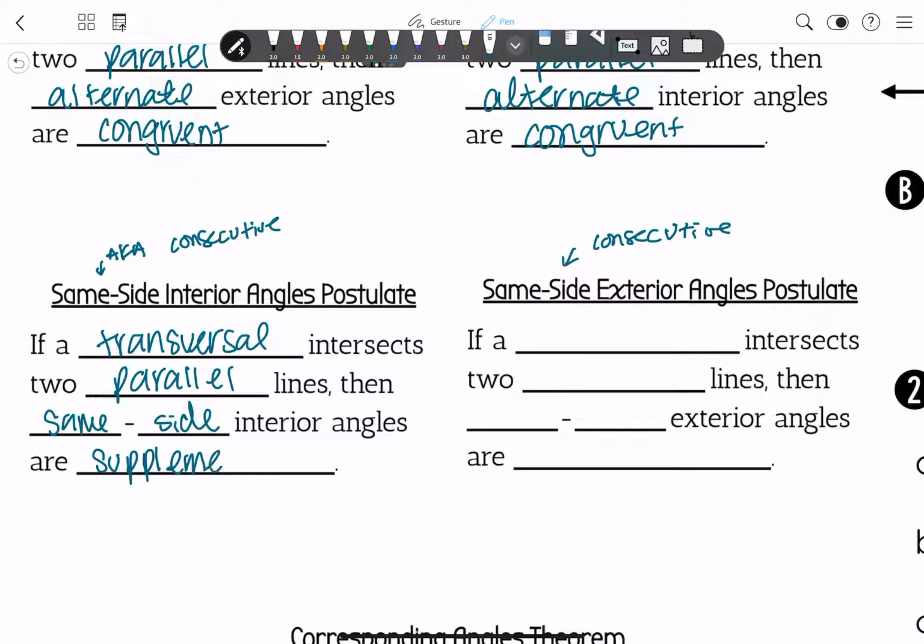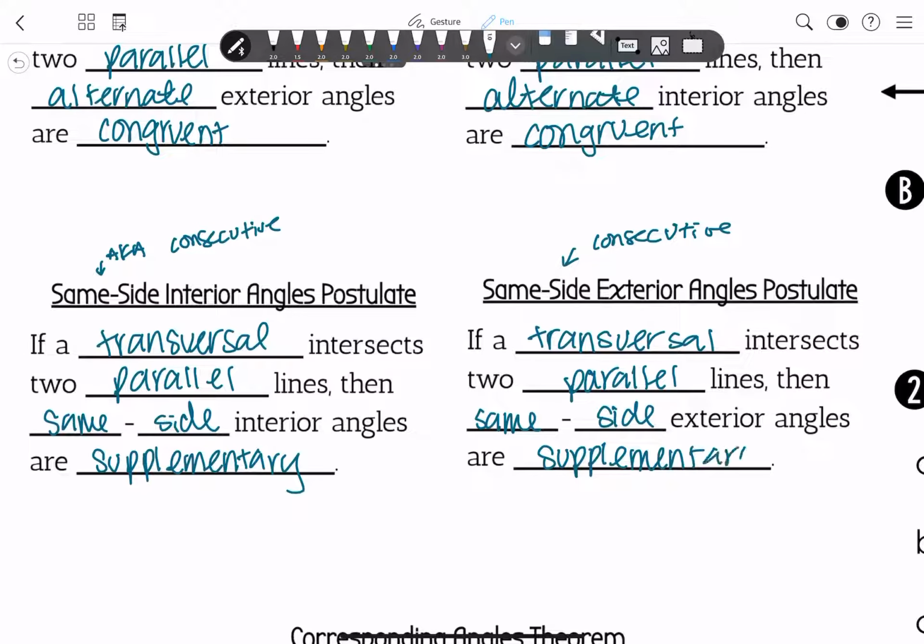And that's what we were talking about on the front. And those same blanks apply here. If you need to pause it and fill this in, you totally can.